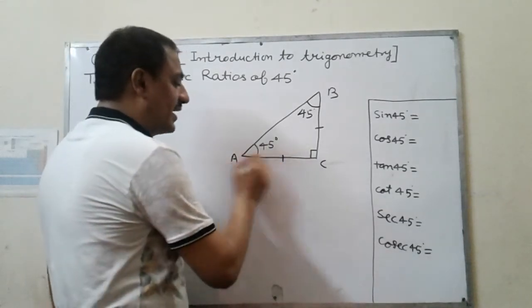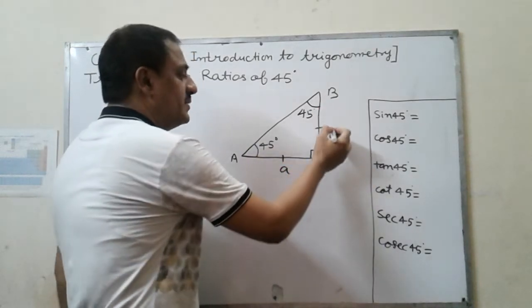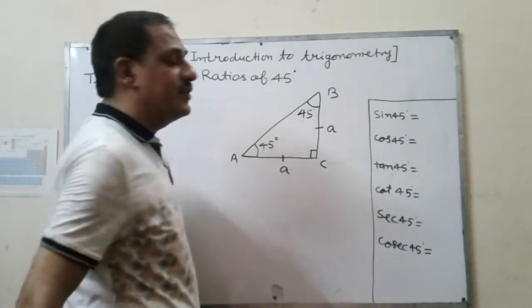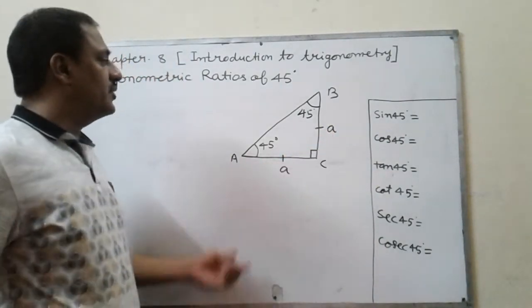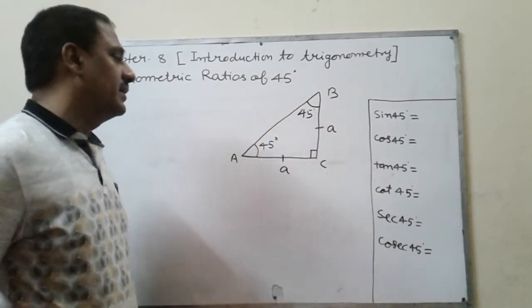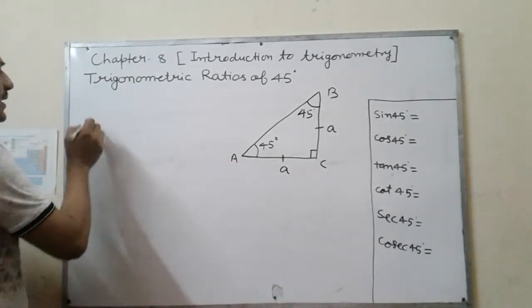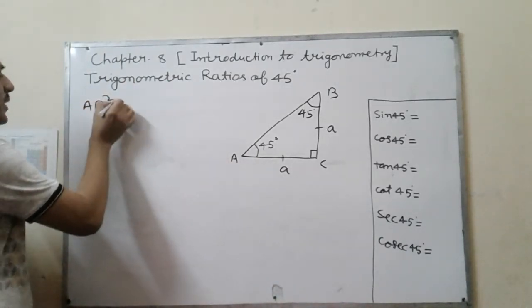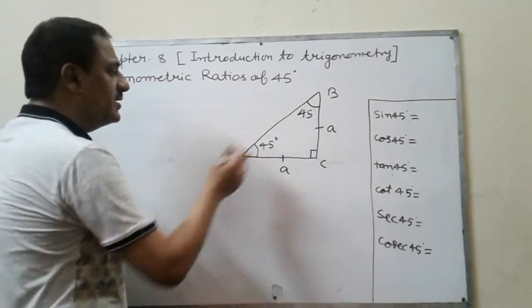Let the length of side AC be A unit and the length of side BC be A unit. By using Pythagoras theorem, I am going to find the length of AB. AB square is equal to hypotenuse square, equal to the sum of the square of the remaining two sides.